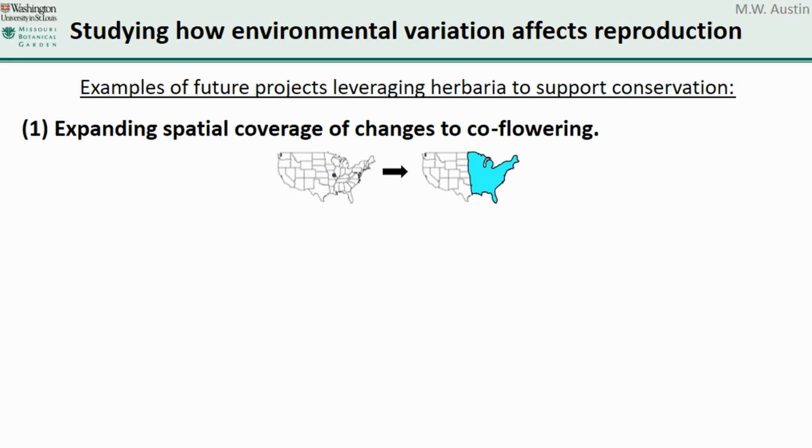To date, this work has been concentrated around the greater St. Louis area, but I would love to expand this work to, say, the entirety of the eastern portion of North America, which has experienced similar climatic changes across the past century, notably increases in precipitation.